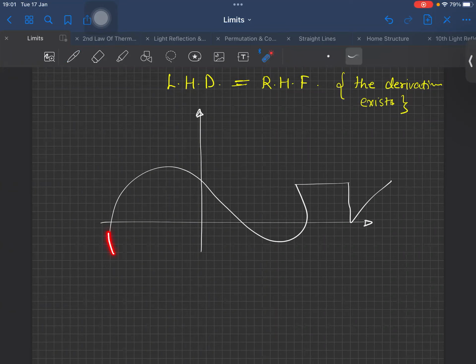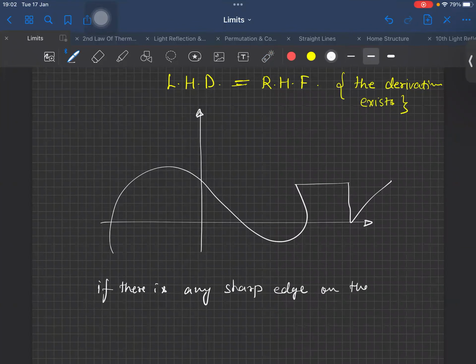Whenever there is any sharp edge on the graph, the function is not derivable at that point.